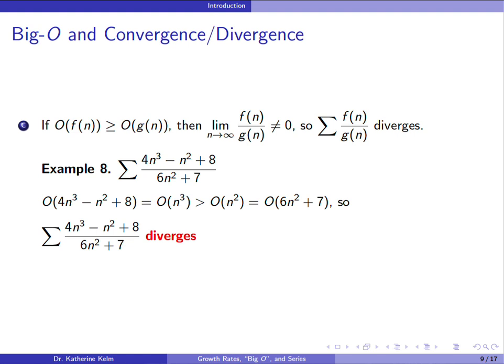Big O of the numerator is big O of n cubed, because that's the dominant term and constants don't matter. That's bigger than big O of n squared, which is big O of the denominator. So we find that big O of the numerator is bigger than big O of the denominator. So the series diverges.